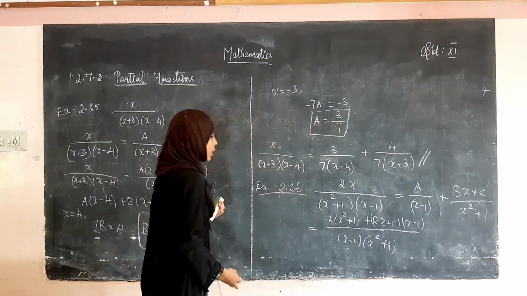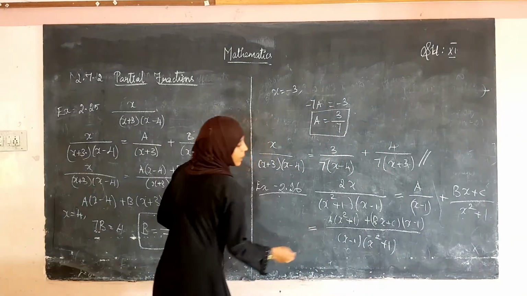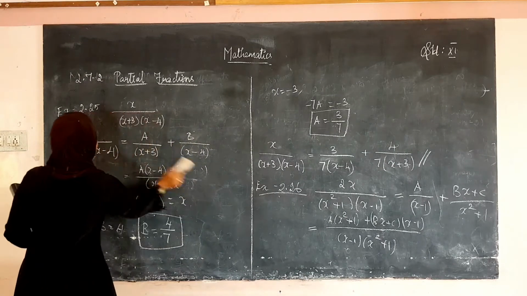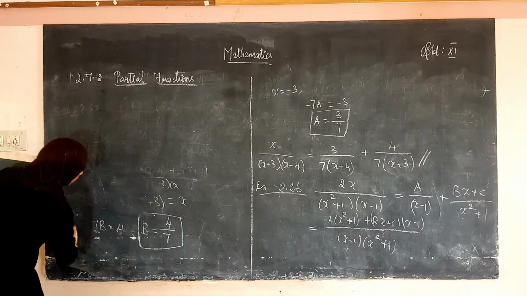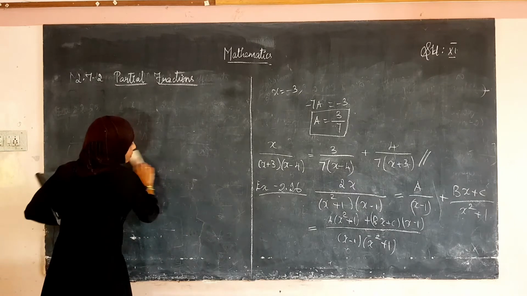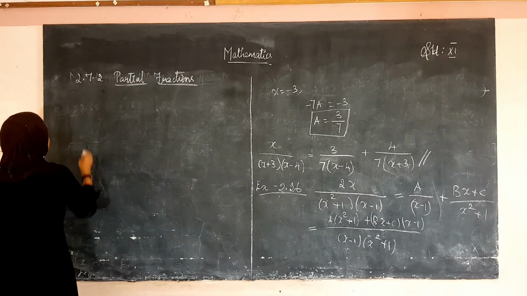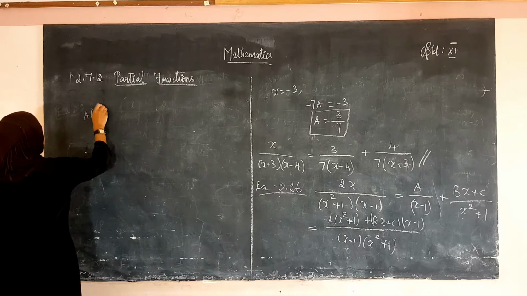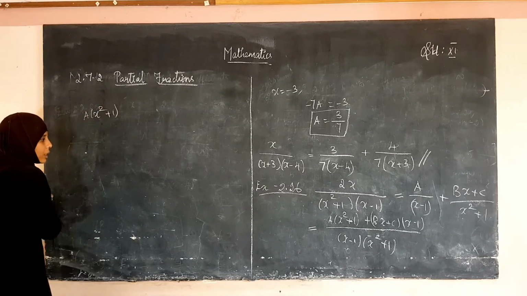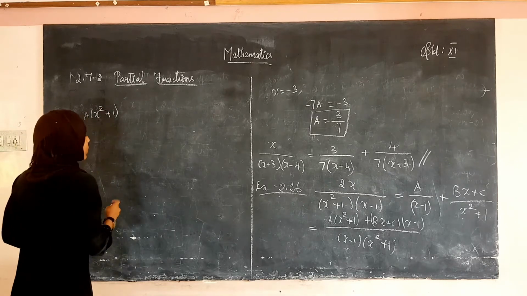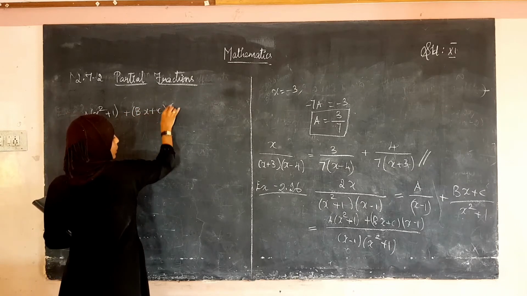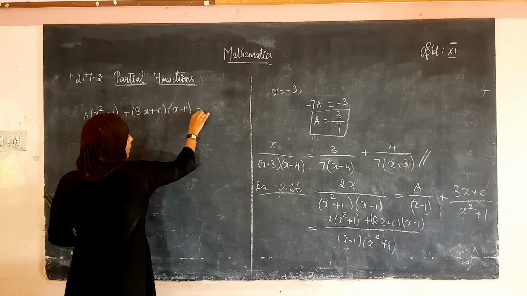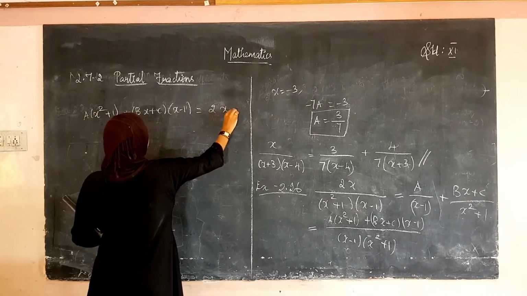See, the denominator here is the same, then we have to equate the numerators. Equating the numerator, what we have is a into x squared plus 1 plus bx plus c into x minus 1 equal to 2 into x.